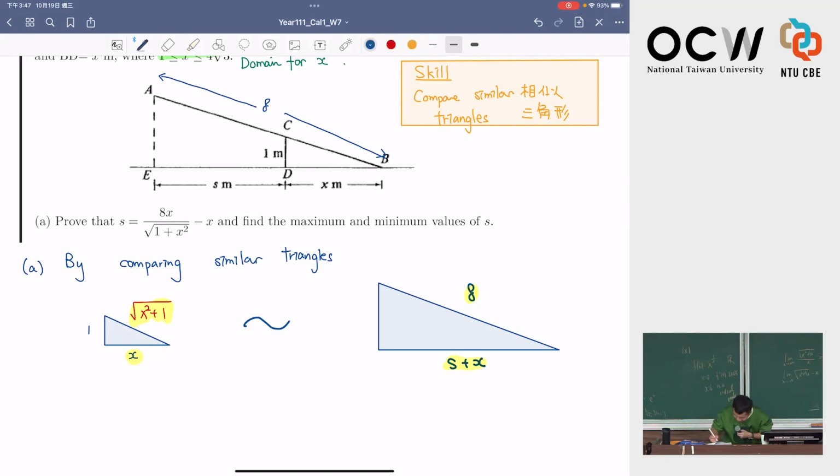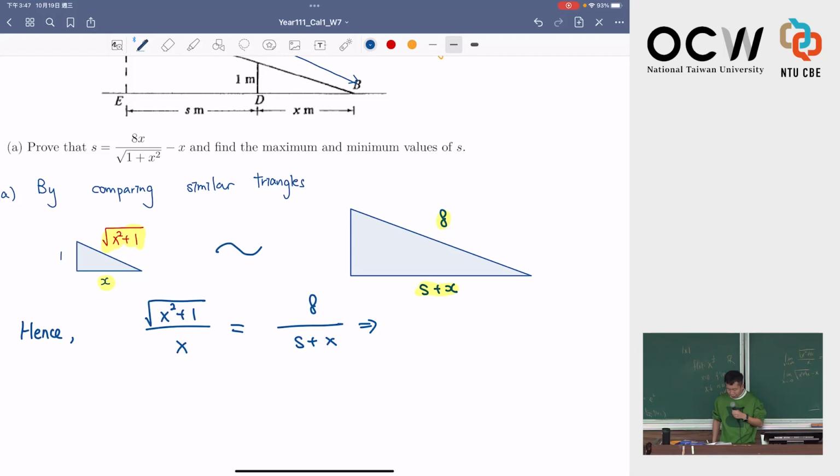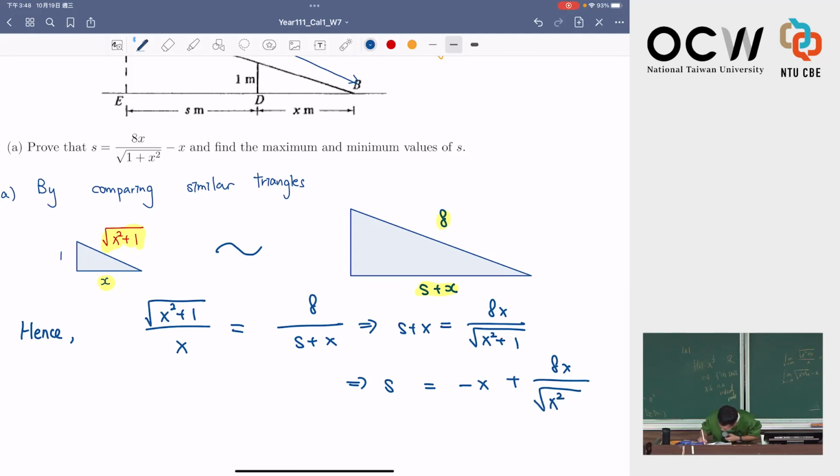So hence, we have the square root of x squared plus 1 over x equals h over s plus x. But of course, if you rearrange, then you get s plus x equal to hx over square root of x squared plus 1. So consequently, s equals minus x plus 8x divided by square root of x squared plus 1.